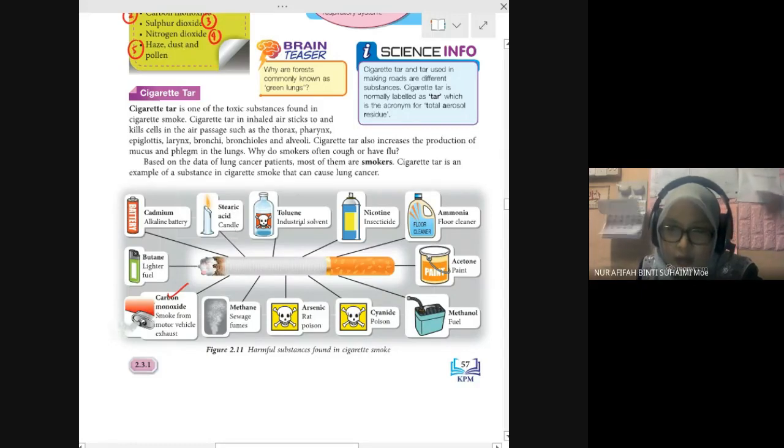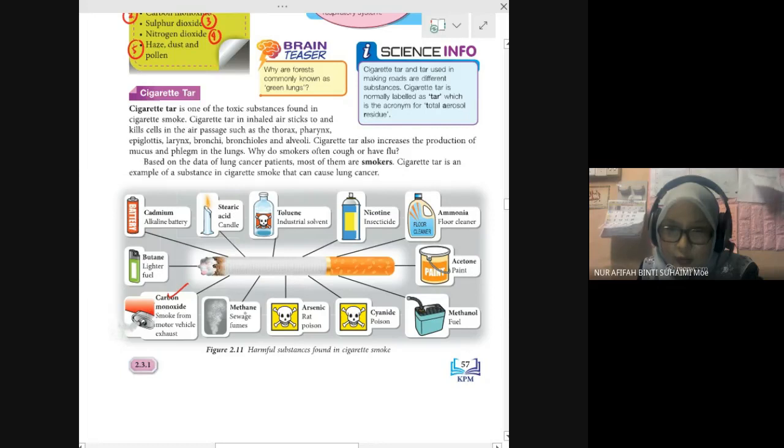Toluene, which is an industrial solvent. Nicotine, we use it for insecticide. Ammonia to make floor cleaner. Acetone to make paint. Methanol, cyanide poison. Arsenic, also rat poison. So all inside the cigarette.